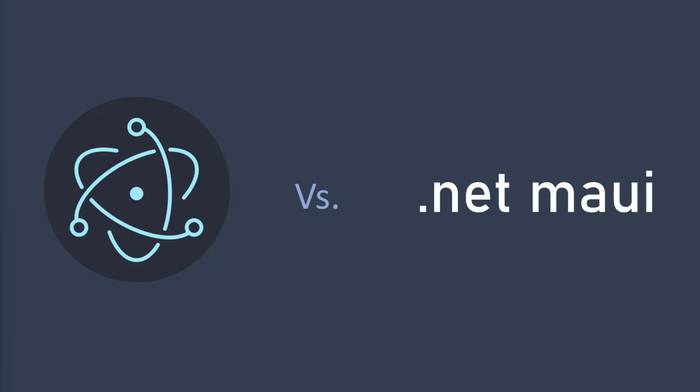So today I'm going to make a comparison between Electron and .NET MAUI. This is a new technology from Microsoft which is going to kind of replace WPF, which was designed for Windows, and in a limited fashion after porting to XAML in Xamarin, it was used for making mobile applications too for Android and iOS.